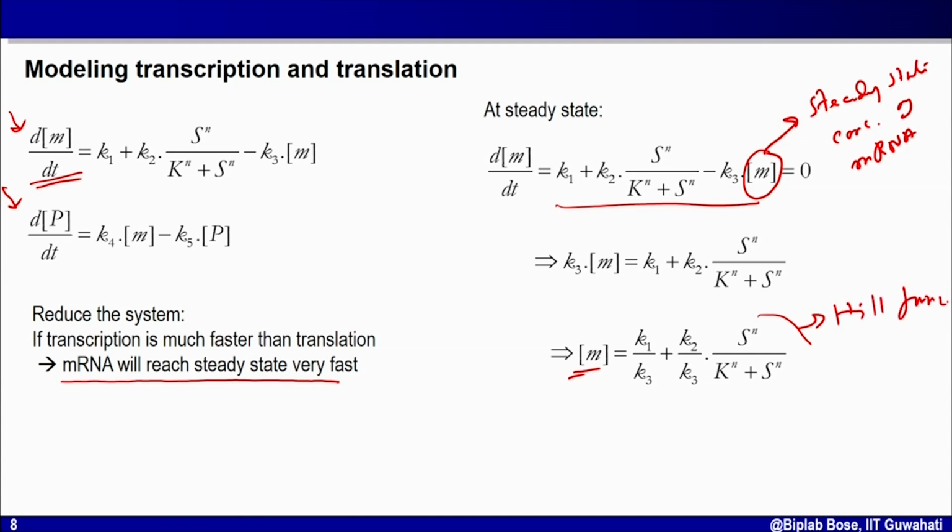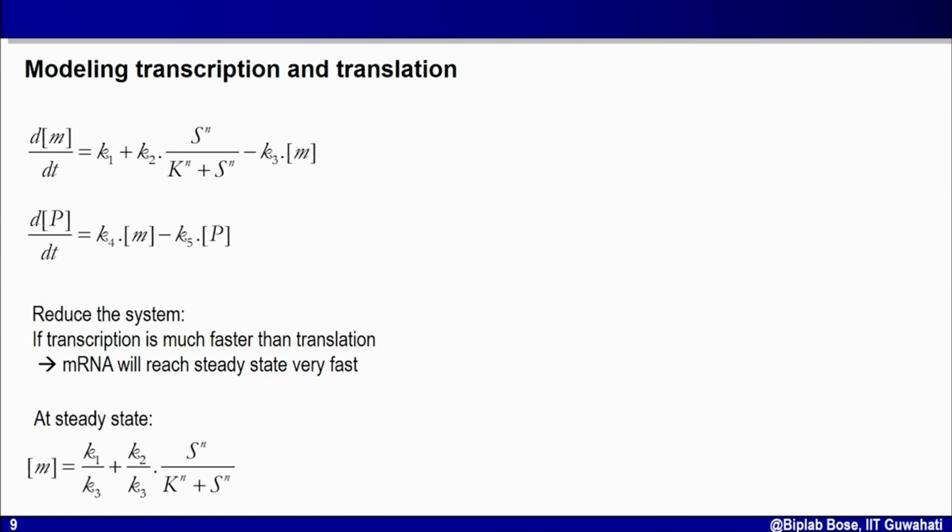So, now I can rewrite the whole thing, because I have reduced one ODE. I do not require an ODE for the mRNA, because I have considered that it has reached a steady state. I am left with only the ODE of protein. So, dP/dt, and I will replace this value of M with the steady state value of M, which I have calculated just now using this relation.